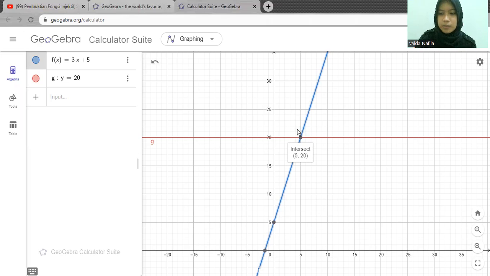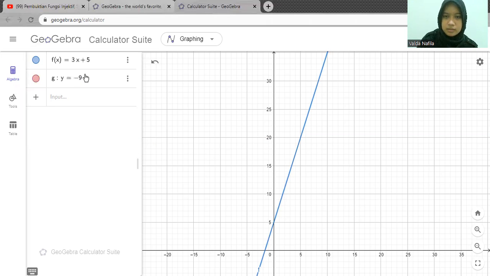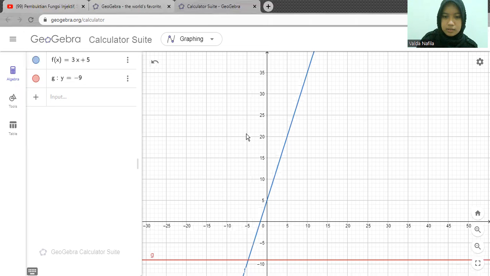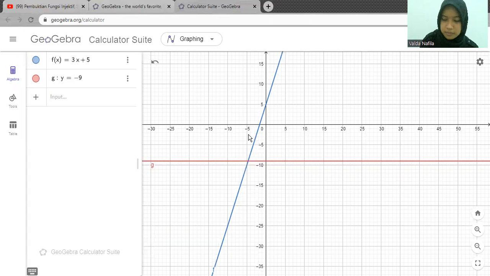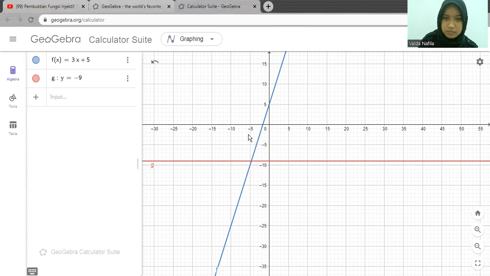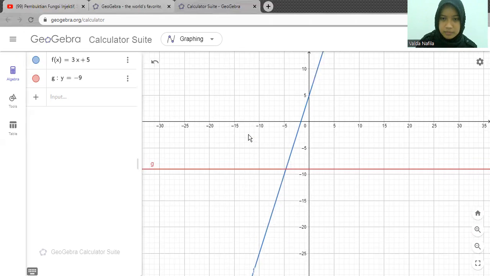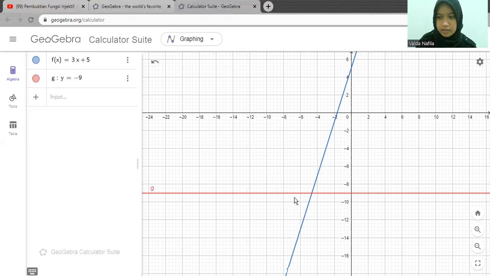For example, we replace it with minus 9. Okay, this is also the same, right?